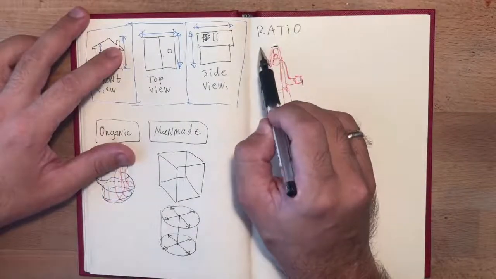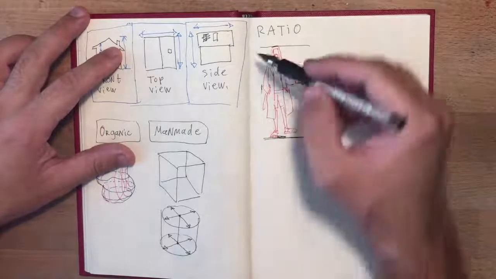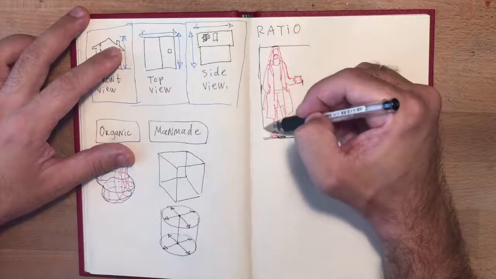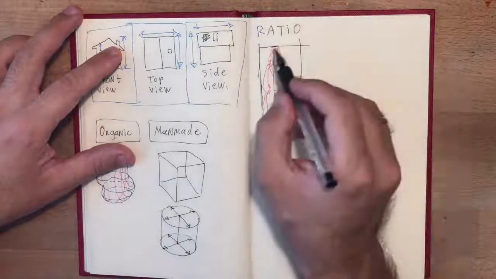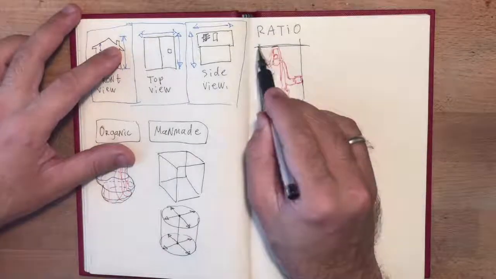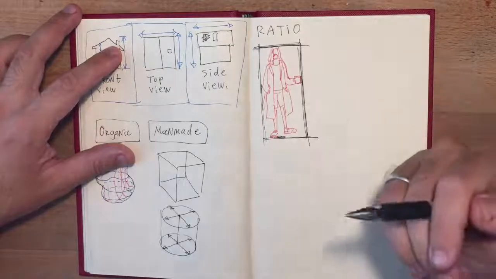So then we can ask, what is the ratio, if we compare his width and his height?